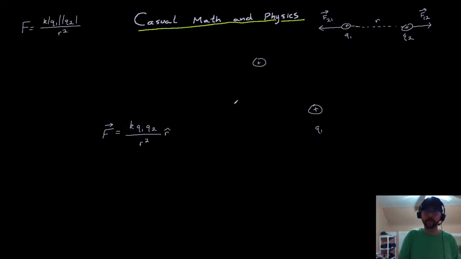Positive, negative, positive, and I'll start to use other colors now. So we'll use red, yellow, and blue. So let's say this is Q1. That would make this R1. That would make this the force of, well, I made them both Q1. So let's make that original one Q0.